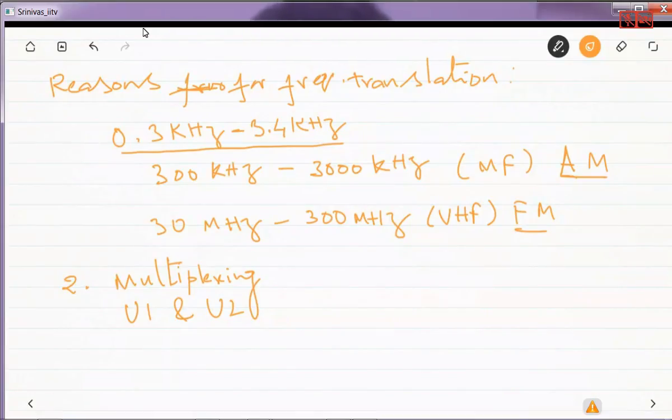If these two frequency ranges are non-overlapping in frequency, then they don't interfere with each other. You understood? Okay.